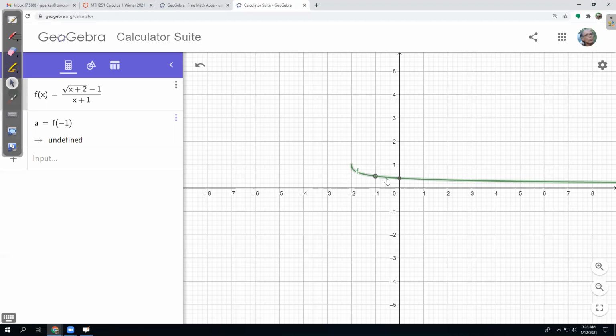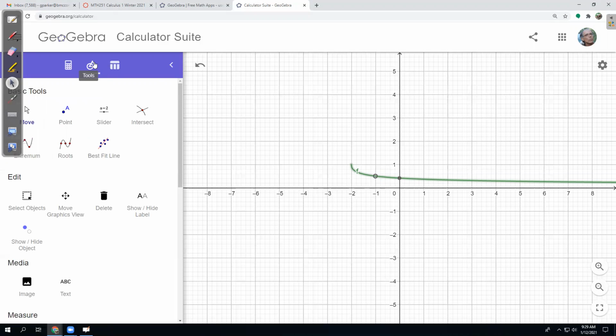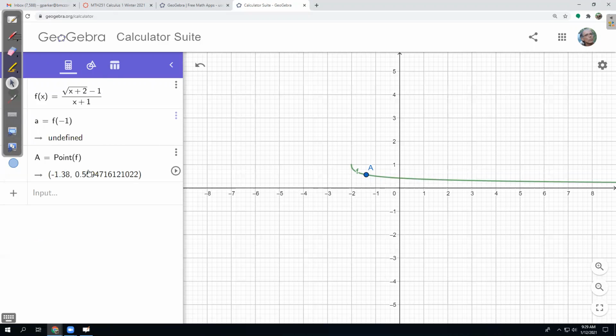So something's going on, but it looks like it might be around a half. So we could zoom in there and look at points in that region. GeoGebra has a nice feature where you can take a point and put it on a function. Then if I go back to this window, I can see the value of that point. I can move it toward that place and watch what the y values are doing.